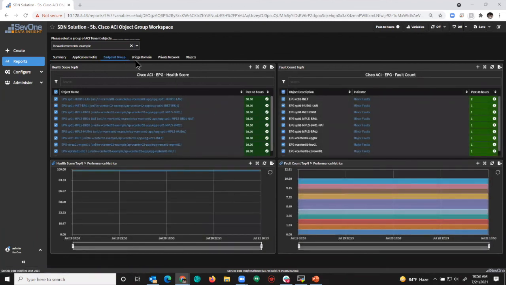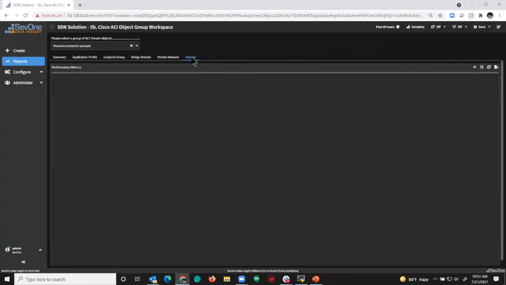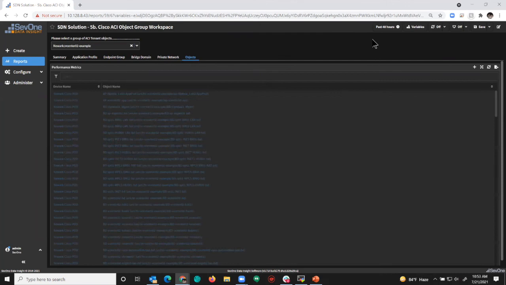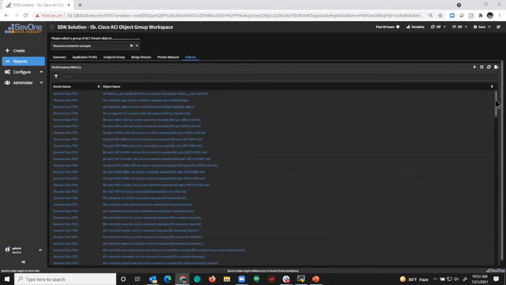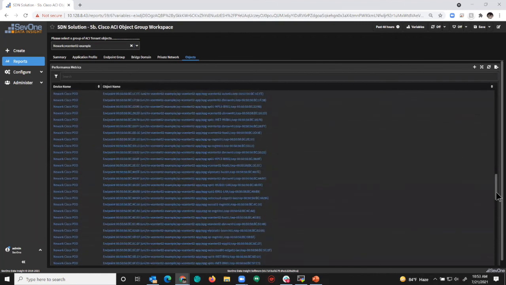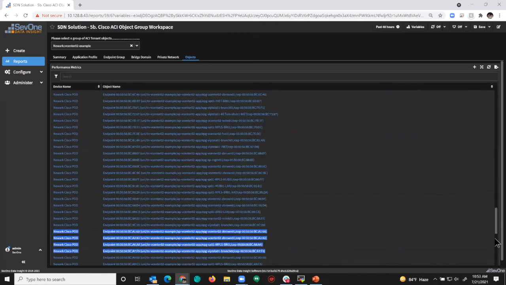Again, more of an exploratory view if I'm really drilled in and looking at a very specific application or tenant, and I want to find out what's going on within that. And then down to the very last part, which is like, show me every blessed thing that we're collecting about this particular tenant. We've got bridge domains, application profiles, EPGs, endpoints, all sorts of things.